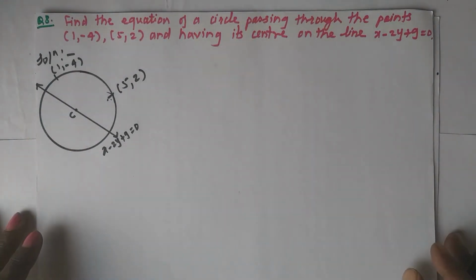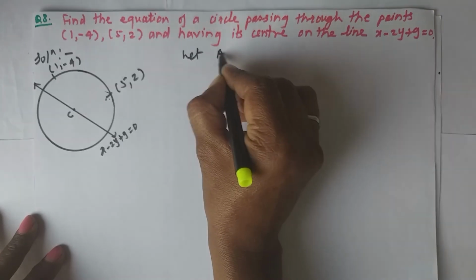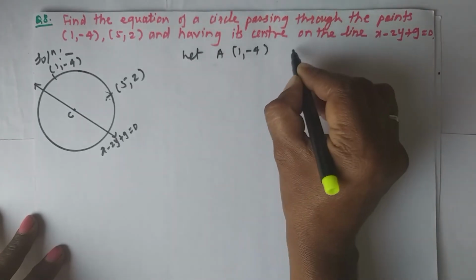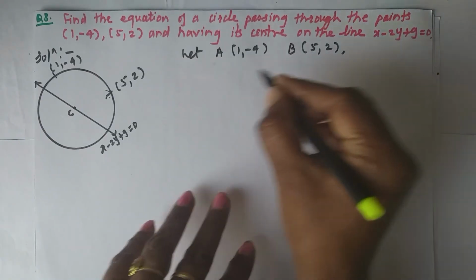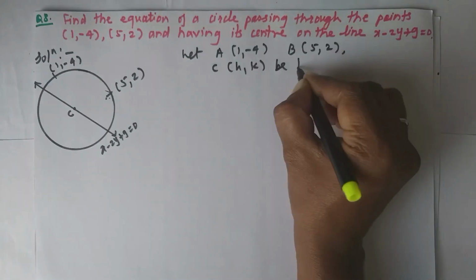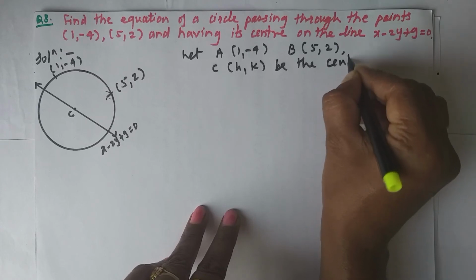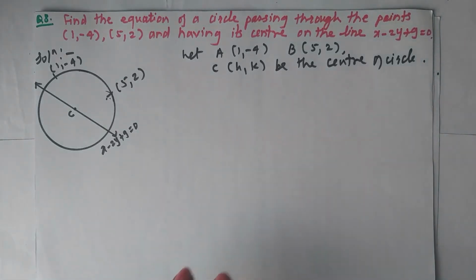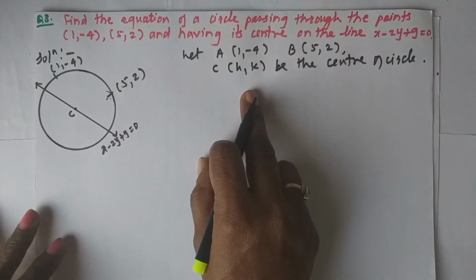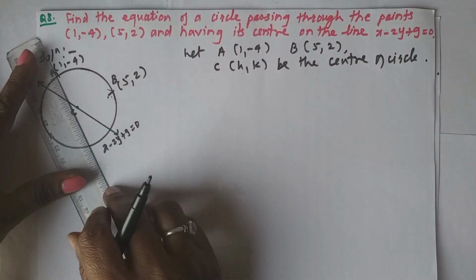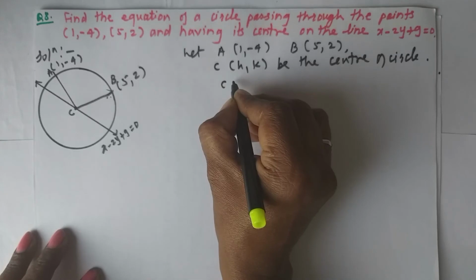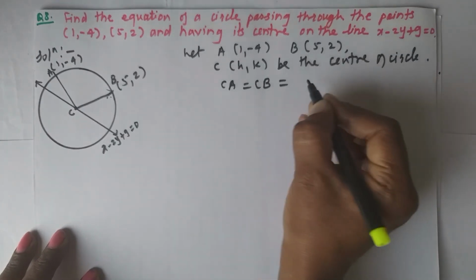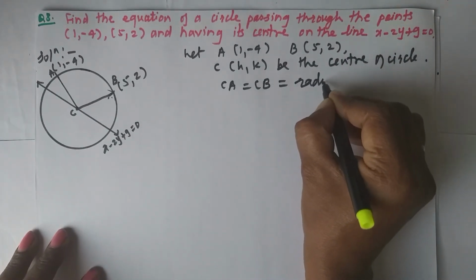Now here we will consider this point as A and this second point as B. Okay. And let C(h, k) be the center of the circle. If I join the center with points A and B, then what is this CA? This CA, CB, these are nothing but the radius of the circle.